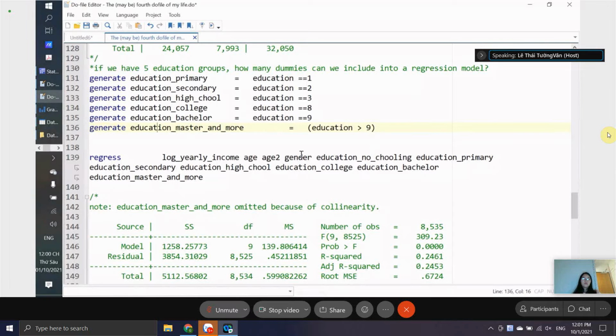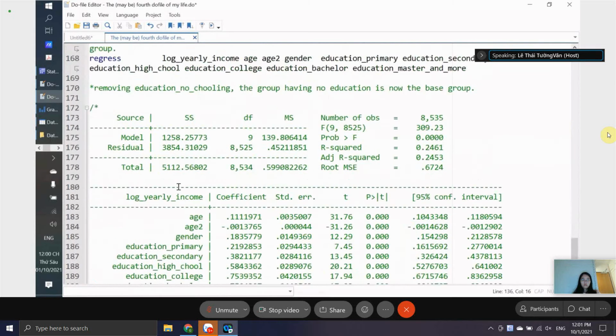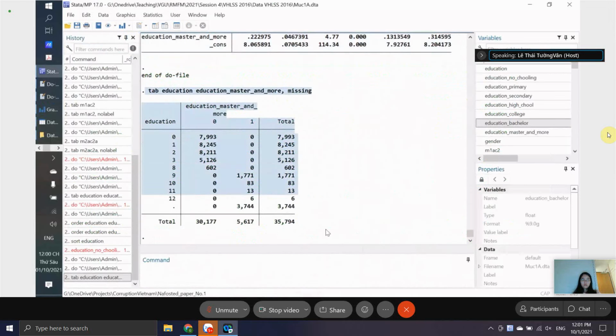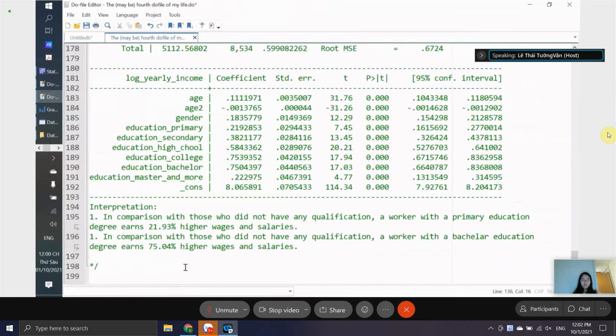For that reason, even the people who do not have information on education will be given a 1 in the variable master and more. This is what I meant. If you type education master and more into Stata, now this is a problem.